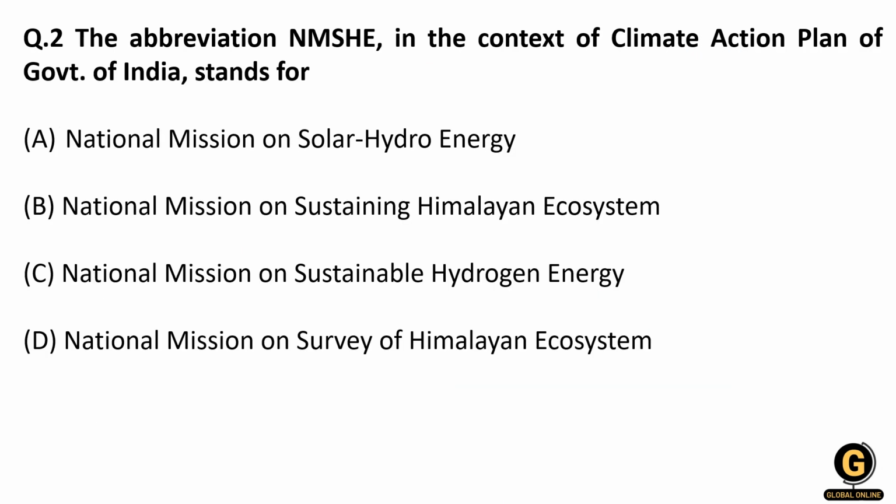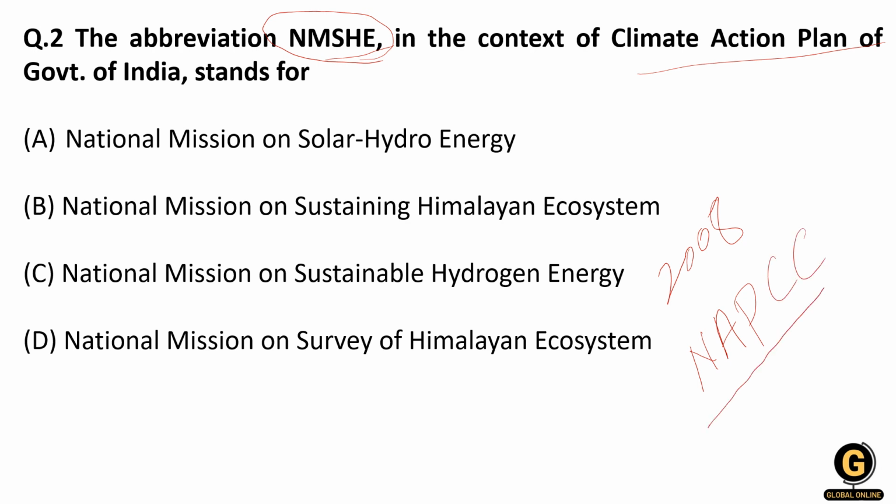The abbreviation NMSHE in the context of climate action plan of government of India stands for. So they have given us an abbreviation NMSHE, and they have asked what it stands for. Before we go to the actual answer, the government of India in the year 2008 launched the National Action Plan for climate change.